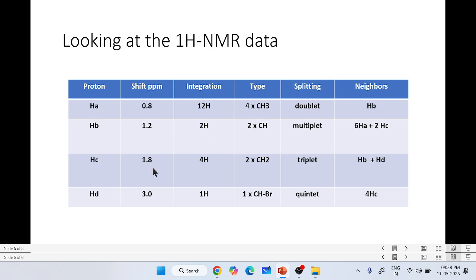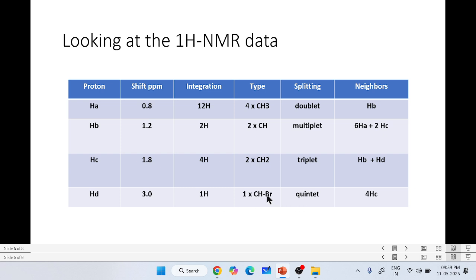And HC is at 1.8 ppm, right? And it's 4H in integration, and it's 2 methylene groups, very likely. And HD is at 3 ppm, and it's 1H in integration. From looking at its chemical shift, it could very likely be the lone bromomethine proton, right? So that's what HD is. Okay, and it's a quintet.